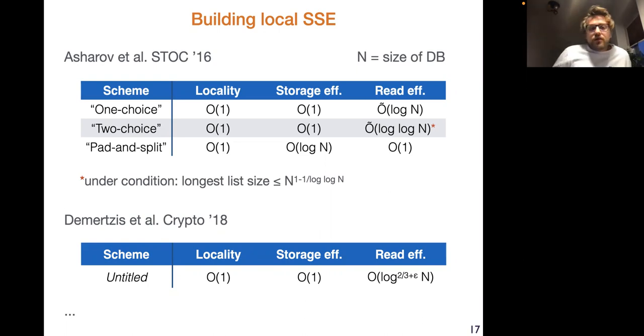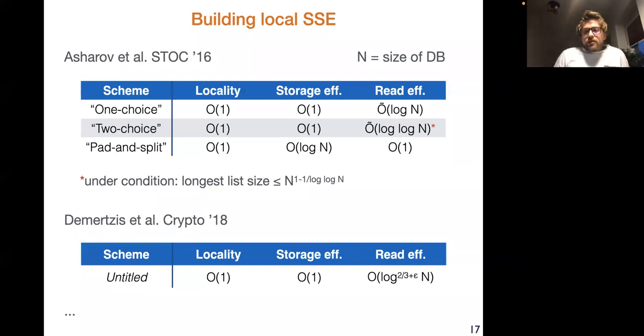I'd like to note here that besides the two-choice scheme, there's also a pad and split scheme where you essentially pad items to the next power of 2. The problem with that scheme is that you pay a good amount in storage efficiency, which can be quite taxing if you have a lot of data.